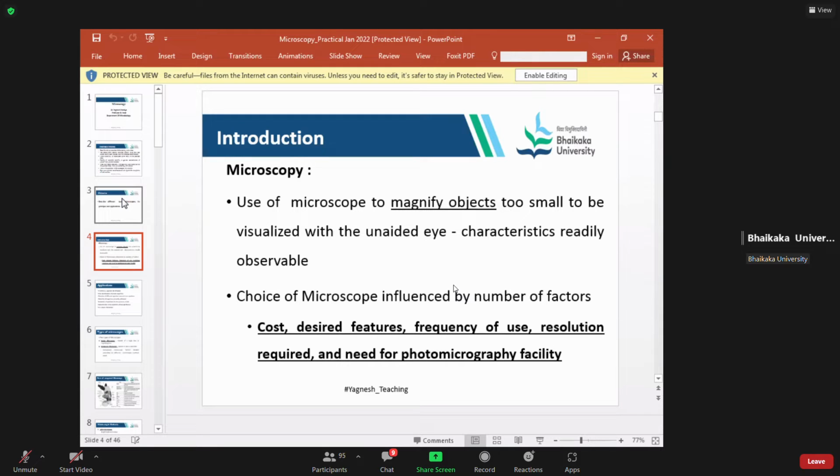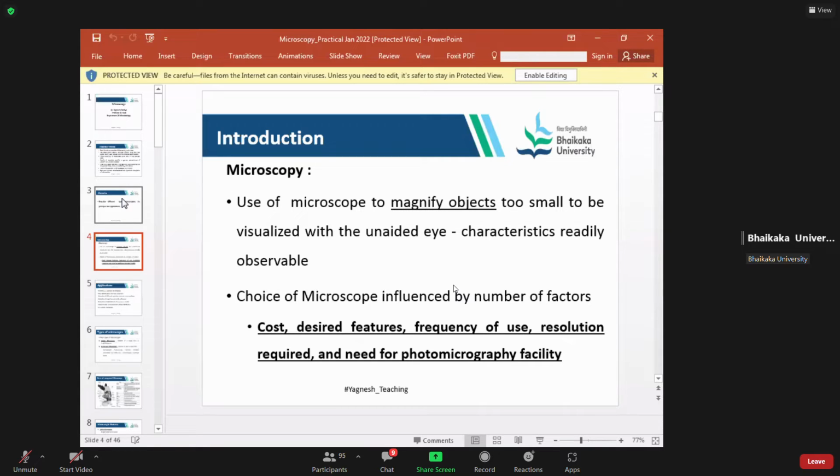Now, the question arises, which microscope to choose? There are varieties of microscopes available, but which microscope to choose? This is based on various factors. First is, what is the cost of the microscope? What are the features? What is the frequency of use?